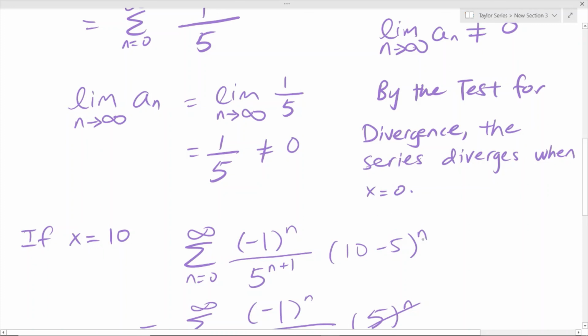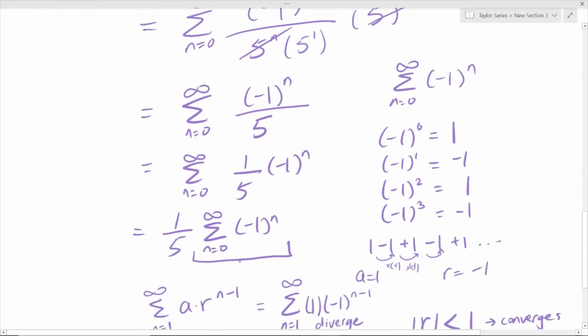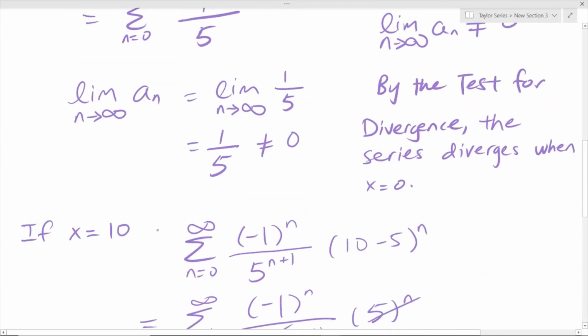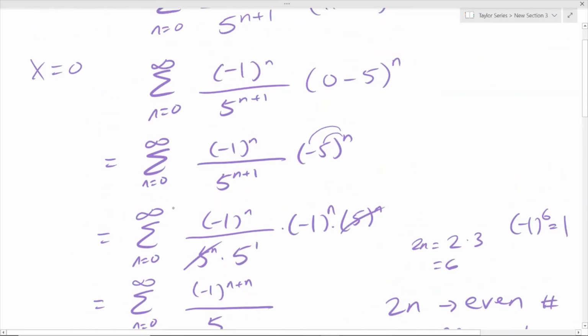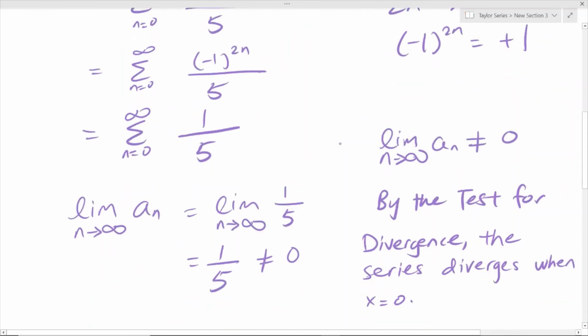This series, when we plug in 10, which was simplified to this, is divergent, and multiplied by a constant, it doesn't change its convergence or divergence, so this whole thing right here is divergent. So therefore, when x equals 10, this series diverges, and since that is also the case when x equals 0 here, we found that the series diverges.